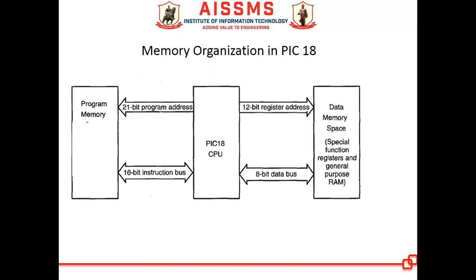So the total data memory which it can address is 2 raised to 12, which is 4 kilobytes. The data bus for program memory, as you can see, is 16-bit, and the data bus for data memory is 8-bit.